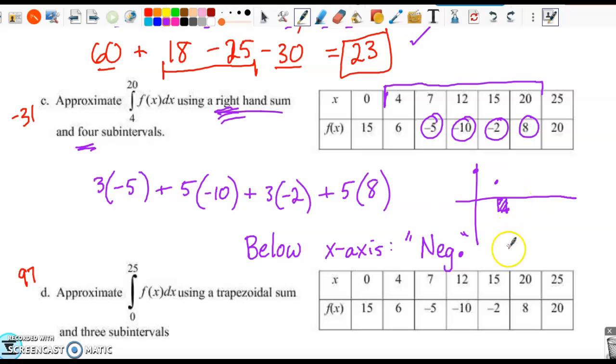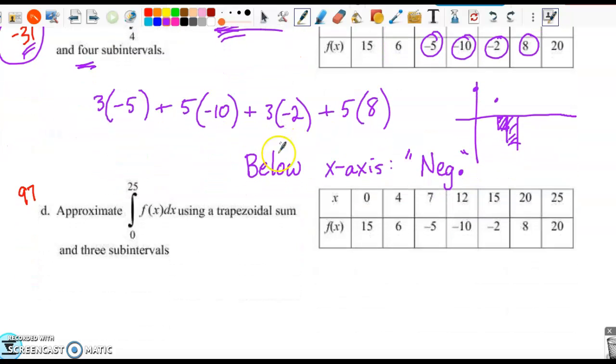So when we are below the x-axis, we are negating. So it is possible to get a negative area. And that's a poorly phrased word because area is positive, but just like velocity can be negative, the integral can be negative to denote which direction we're going. So I should have mentioned that a long time ago.